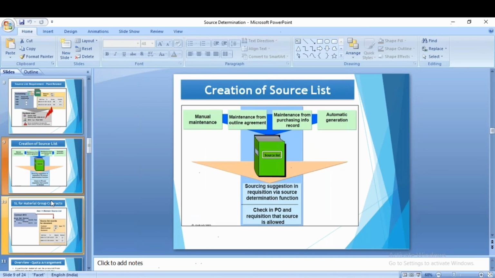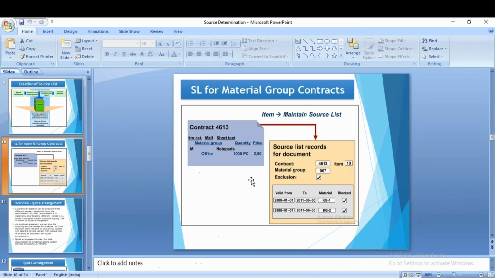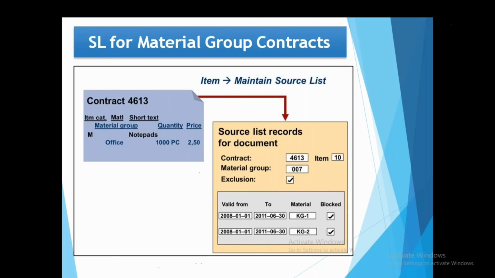Okay. Now the next topic we will be discussing is source list for material group contracts. Whenever you are creating a contract for a material group, which we discussed in yesterday's class, from there itself you can generate the source list for the material group also.